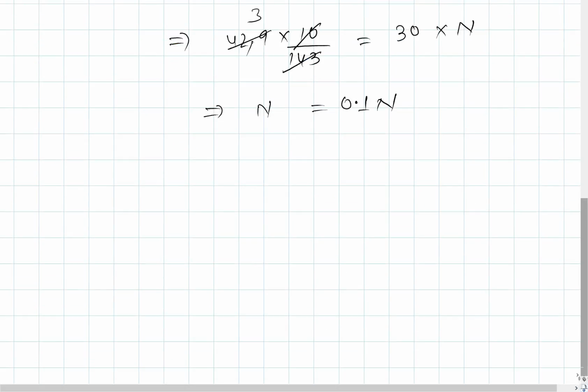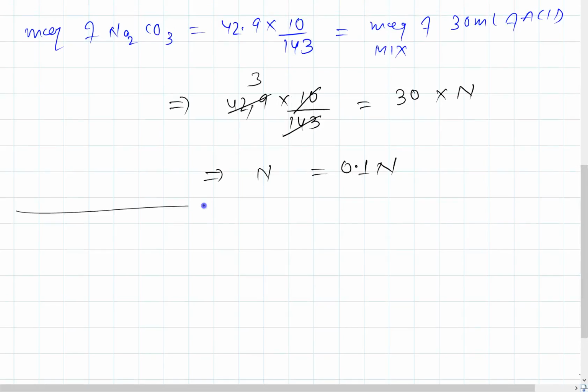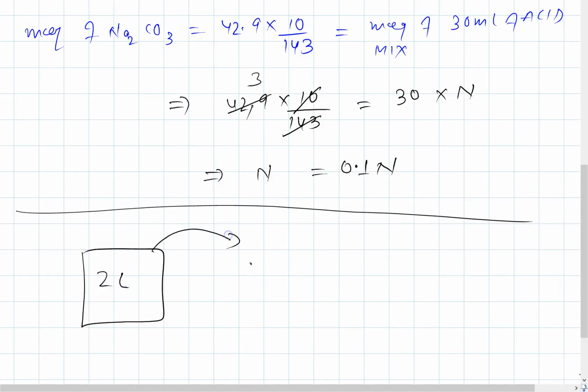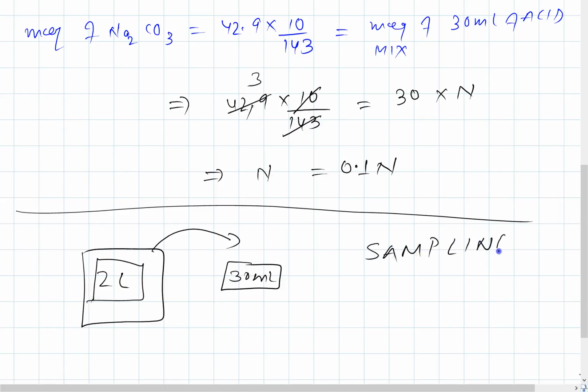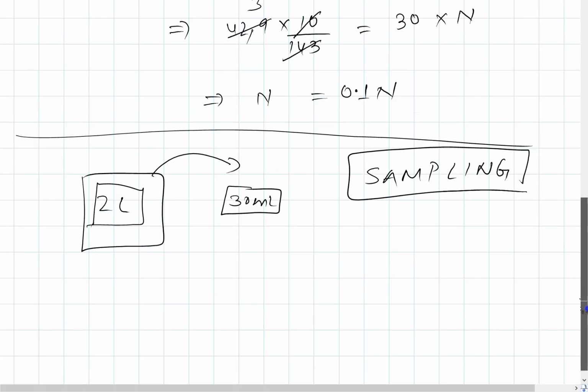So you know the normality of the acid mixture. But you know that 30 ml was taken from a box of 2 liter, right? That 30 ml of acid mixture was taken out from 2 liters. This is called sampling. In sampling, the concentration of the solution does not change, but the number of equivalents will change.